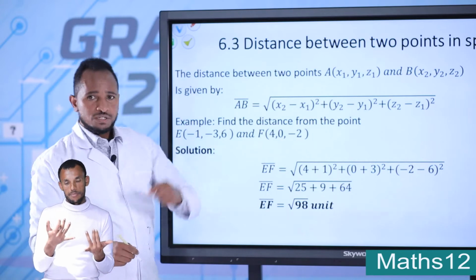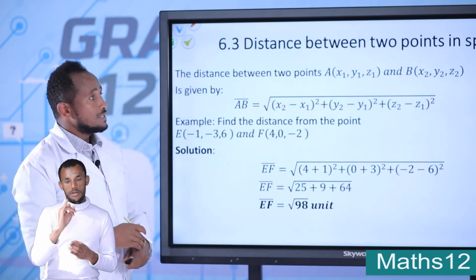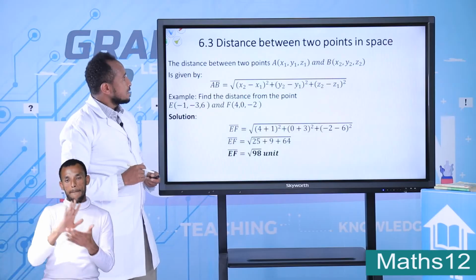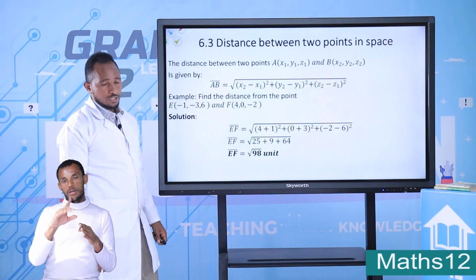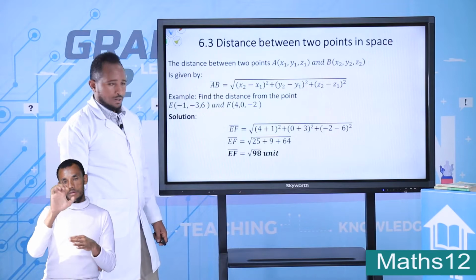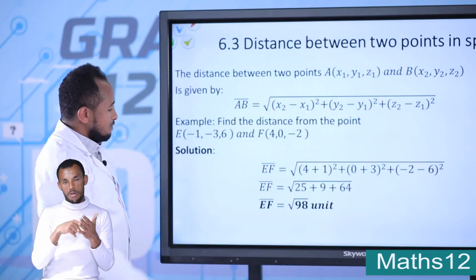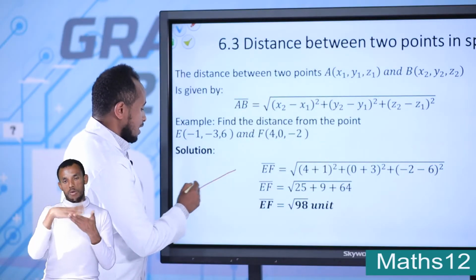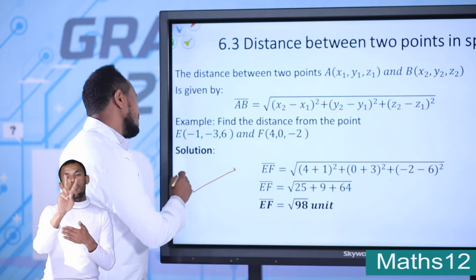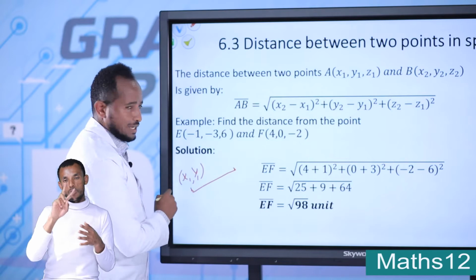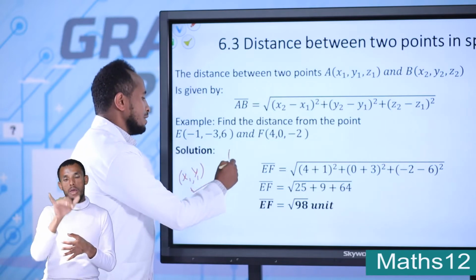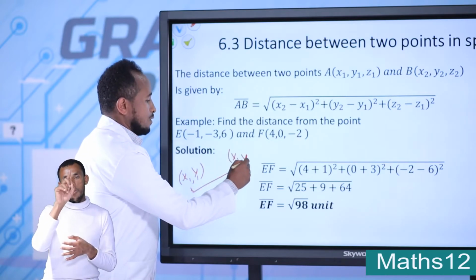The next section is the distance between two points in space. By the way, in lower grade, you have learned the distance between 2 points in a plane. In a plane, we have two coordinates only, x and y: (x1, y1) and (x2, y2).